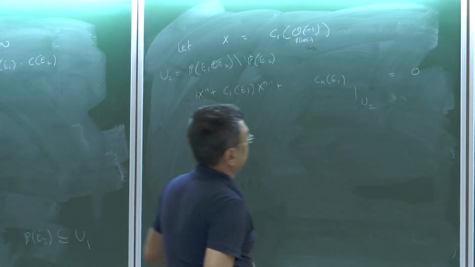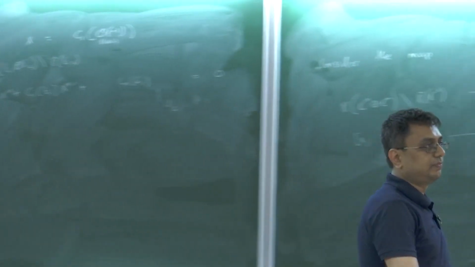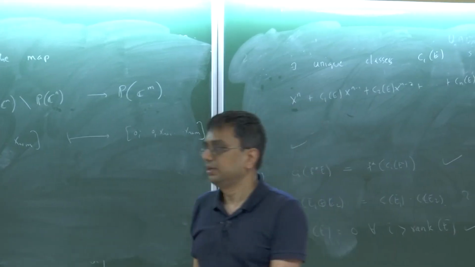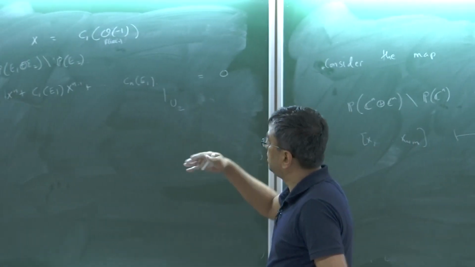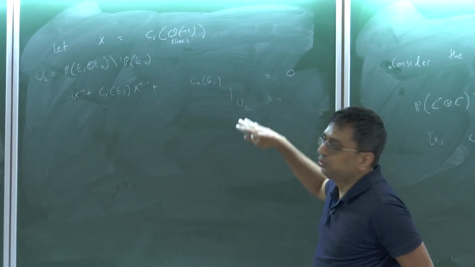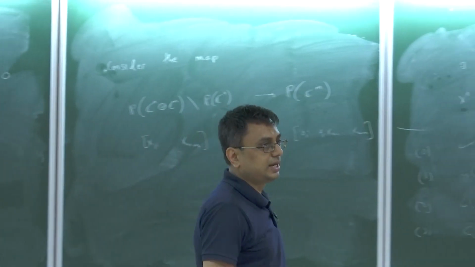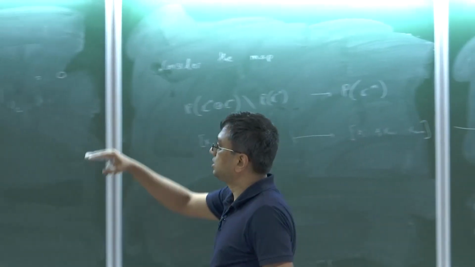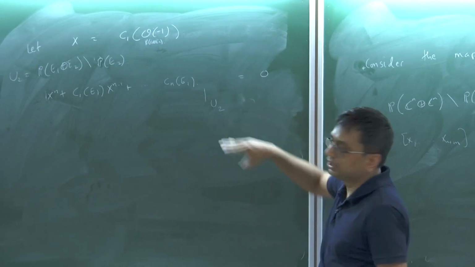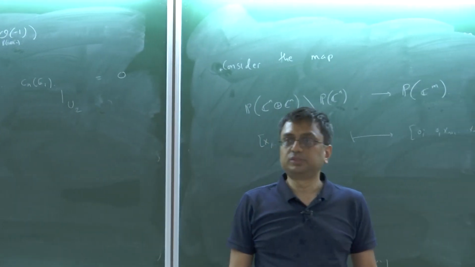Right, because up to homotopy, the cohomology of P of E1 and U2 are the same because U2 deformation retracts, and therefore if this restriction to P of E1 is 0, then restriction to U2, this open set, will also be 0, right?